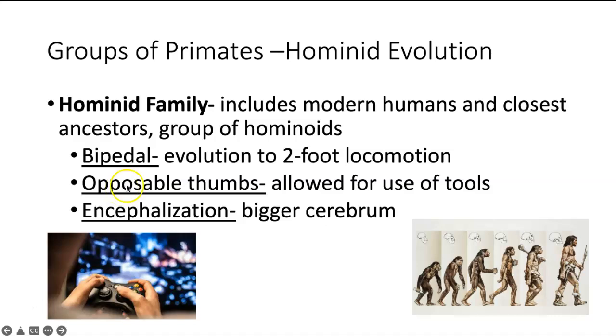Opposable thumbs, alright, to grab things as well as play games, right? And encephalization. So ceph, if you remember what that is, that means head. So getting a bigger cerebrum or getting a bigger head, bigger brain, so you can do more complex things like hunting and tool making and stuff like that, and further doing this process.